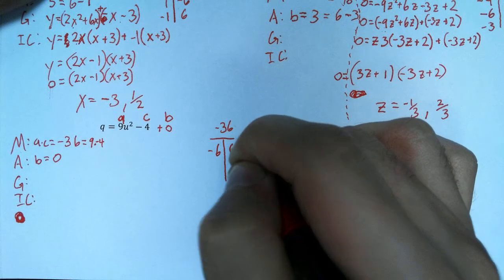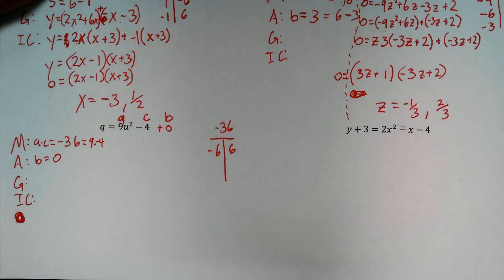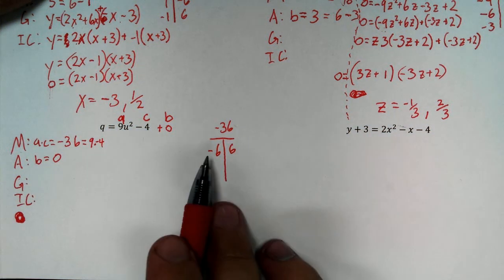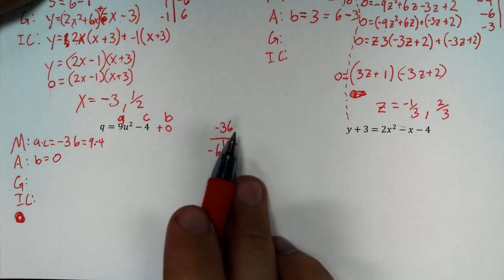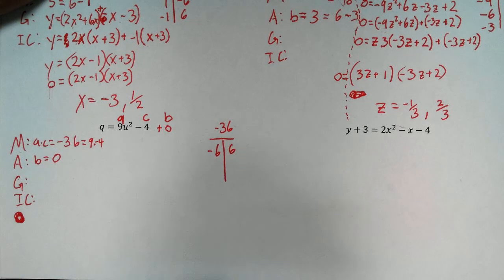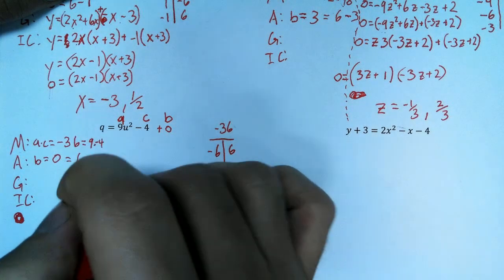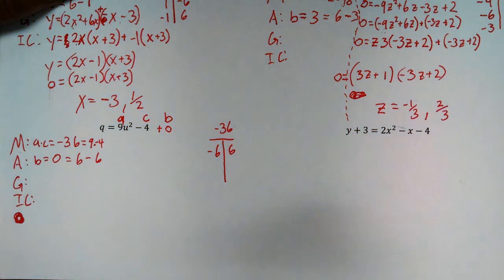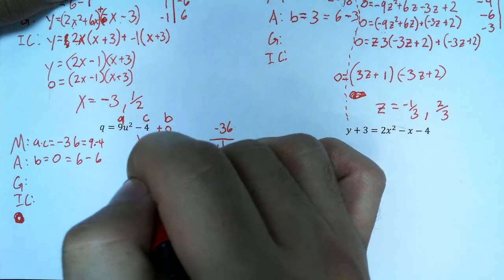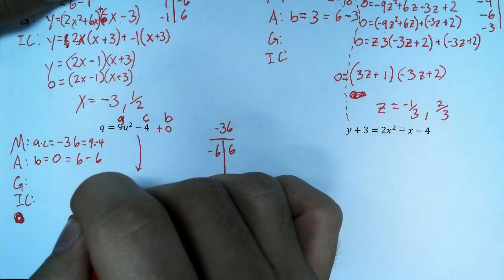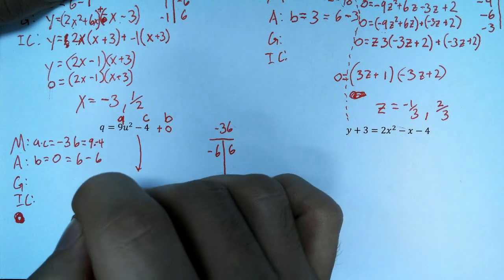I know. Negative 6 and 6. Negative 6 times 6 is equal to negative 36. 6 plus negative 6 is indeed 0. So that's what we're going to break this up into. Okay, so now over here we're going to write Q, which, by the way, Q is 0.